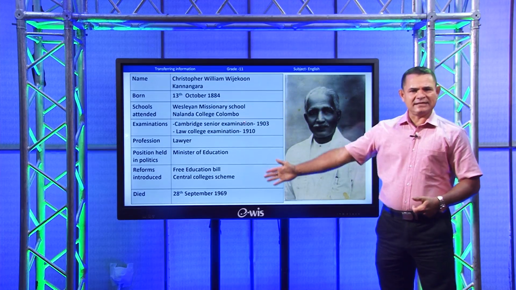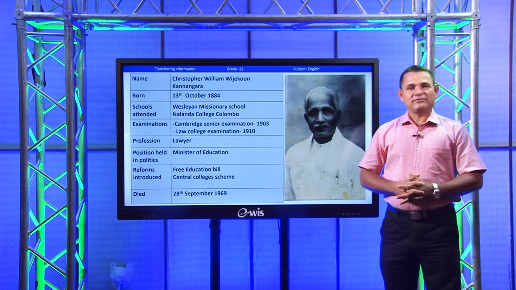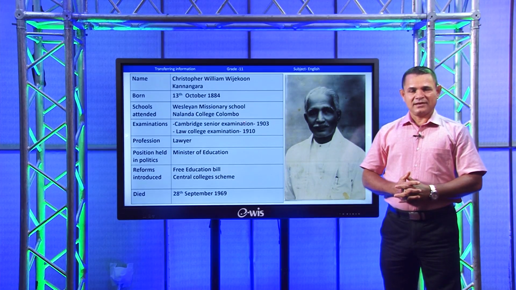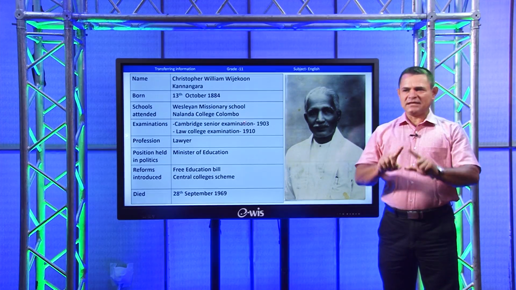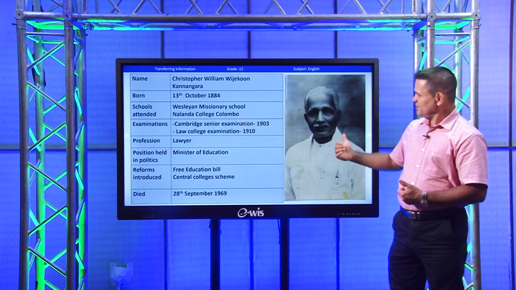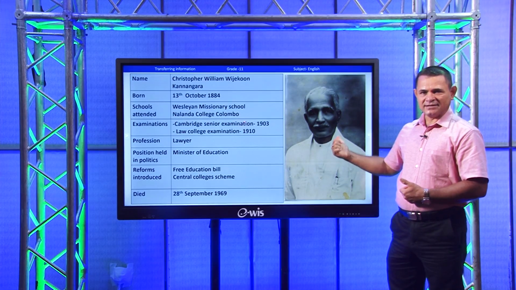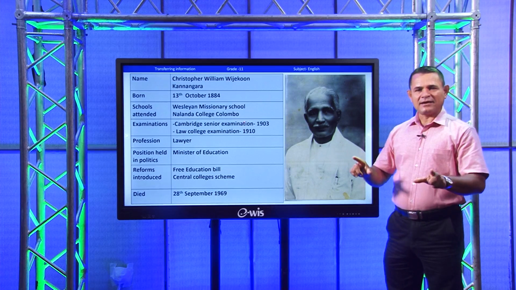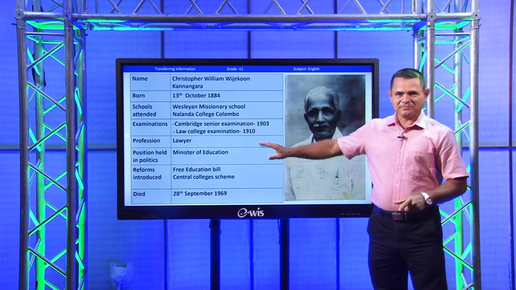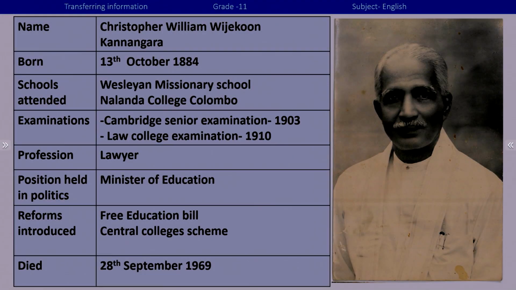Earlier you were given a paragraph about Mahela Jayawardena, with the information in a paragraph. Now, about CWW Kannangara, it is not in a paragraph, everything is in a table, right. So all the information you can see in a table.